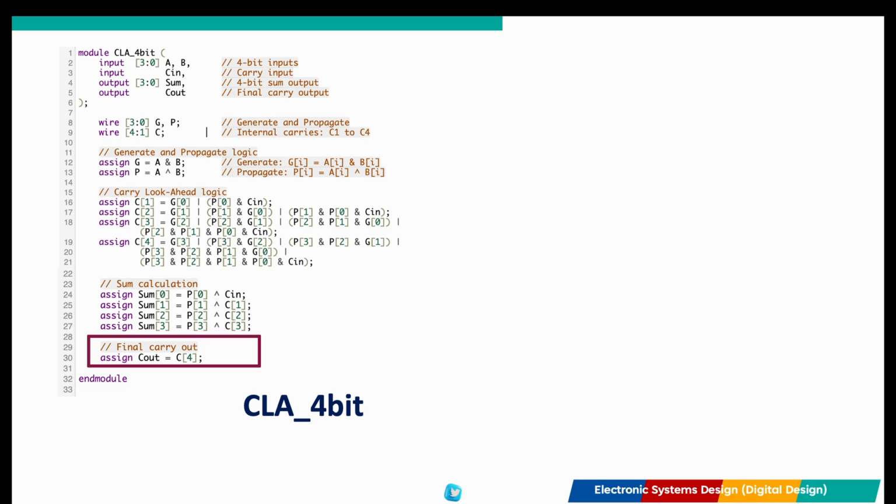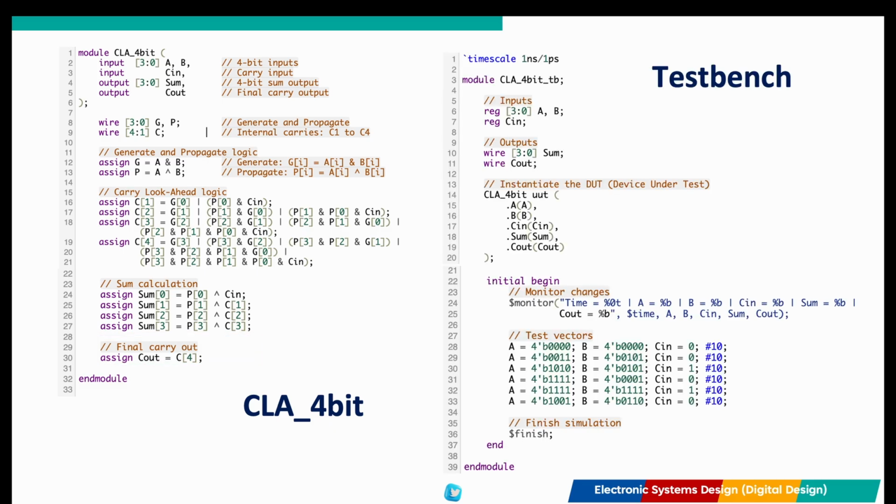Writing the code is only half the battle. We must prove it works using a testbench. In our testbench, CLA_4bit_TB, we define our inputs as reg types because we will be driving their values, and our outputs as wire types to observe the results.